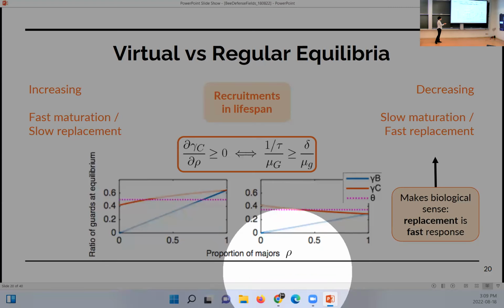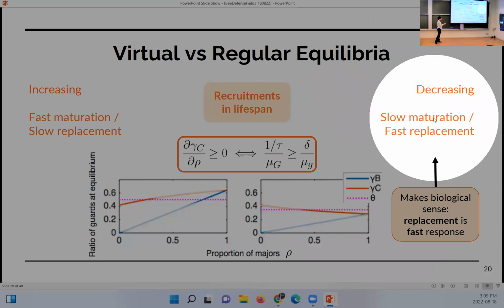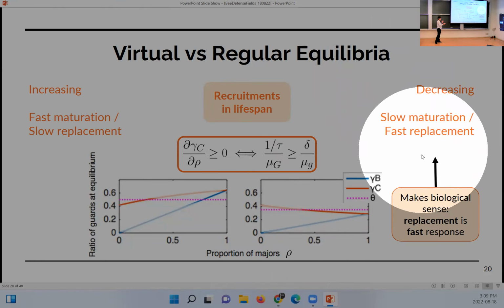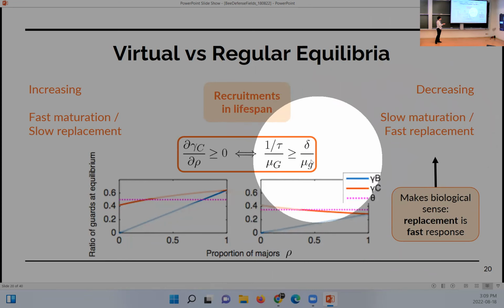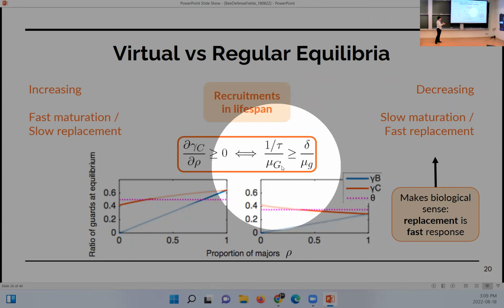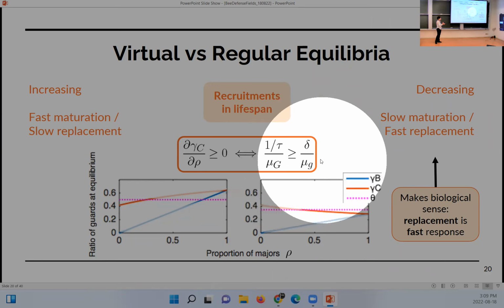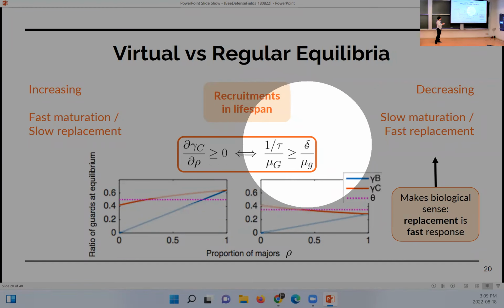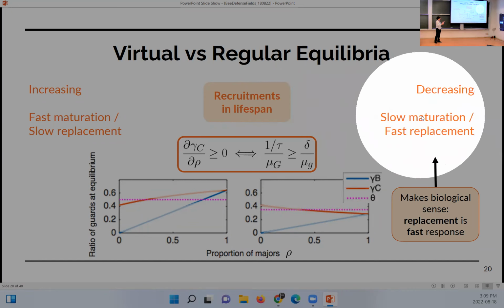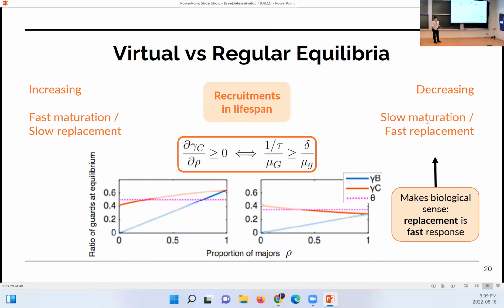And this is the one that makes sense since we're trying to capture three different timescales here, because this will only happen when mu g and mu lowercase g are fairly similar. They are death rates of guards, and once they're guarding, they're subject to more or less the same conditions. So it depends on whether the maturation is happening faster than replacement or not. We are saying that maturation should be much slower than replacement, because replacement is a crisis response mechanism, right?